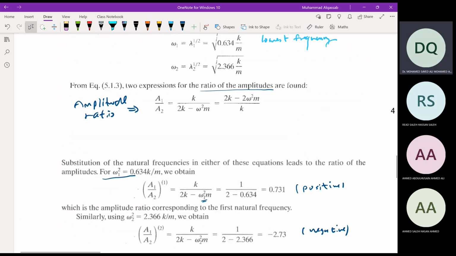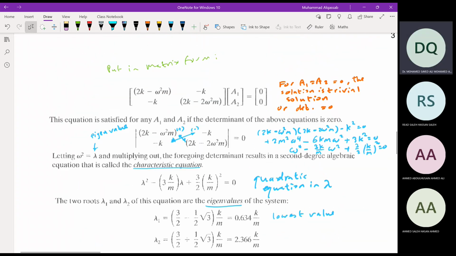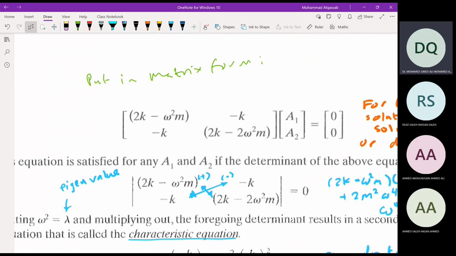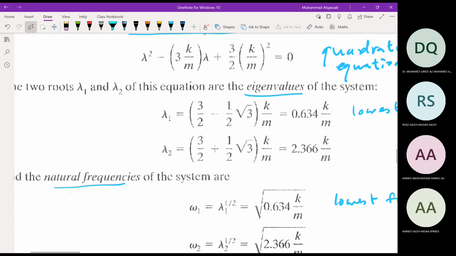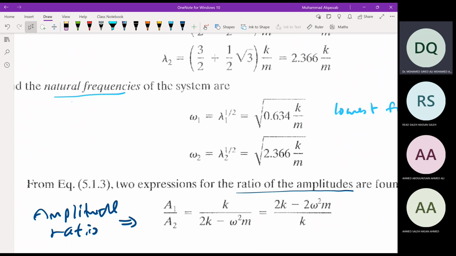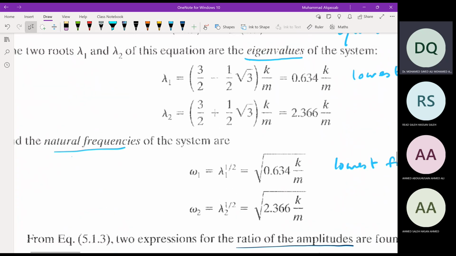When I told you that the system will oscillate with the same frequency, it will oscillate with the frequency omega 1, or it will oscillate with the frequency omega 2, or it will oscillate with both. If the system is oscillating with the first mode, okay, I didn't talk about the mode yet, but when it is oscillating with the first mode, it will oscillate with omega 1 only.